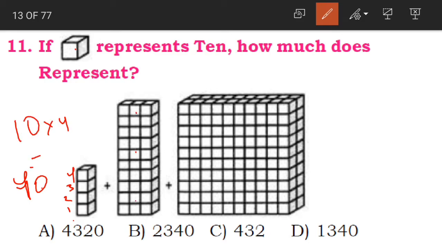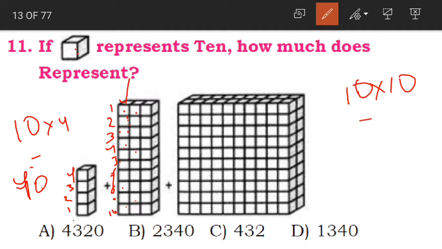Now coming to the second block. 1, 2, 3, 4, 5, 6, 7, 8, 9, 10. Here, in each column we are having 10 blocks. 10 means what? 10 into 10. Each block represents 10.